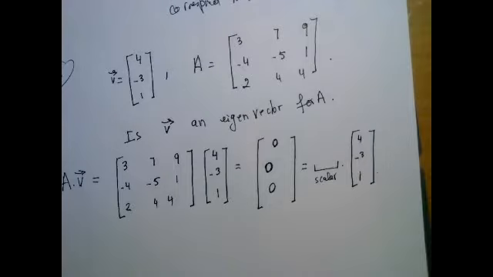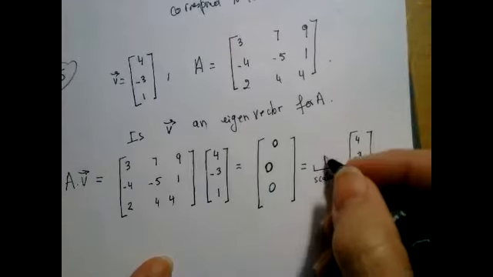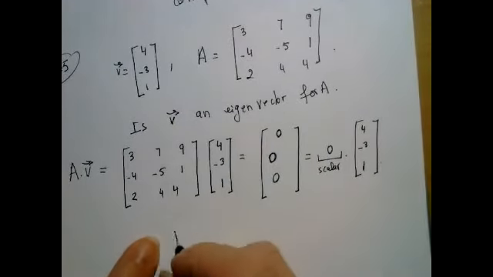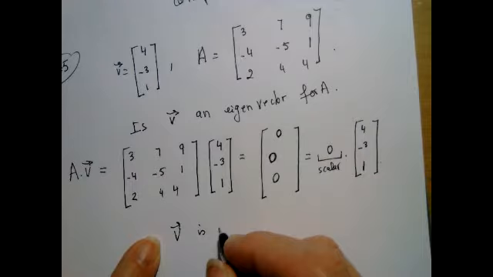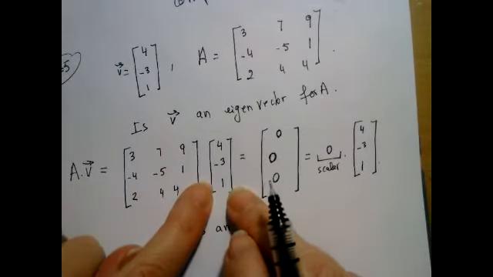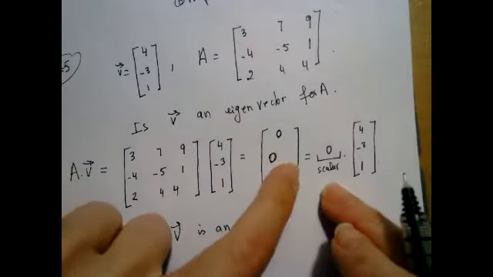Any answers? Yeah, the scalar could be 0. No question about it. This could be written as 0 times V. So it means that V is an eigenvector because it's a scalar times V. V is not 0; it's the eigenvector that must be non-zero, not the eigenvalue.